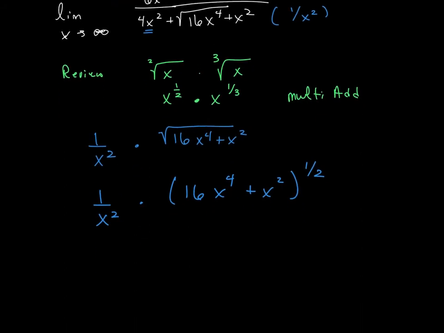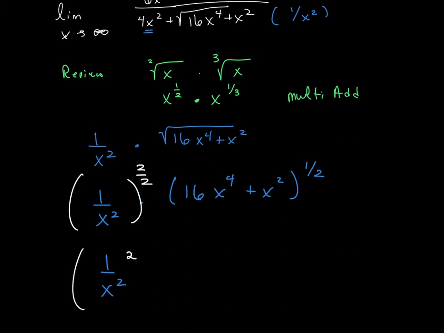Now, what I want to do with this is multiply by 1 over x squared to the 2 over 2 power. And I'm going to break that 2 over 2 up.